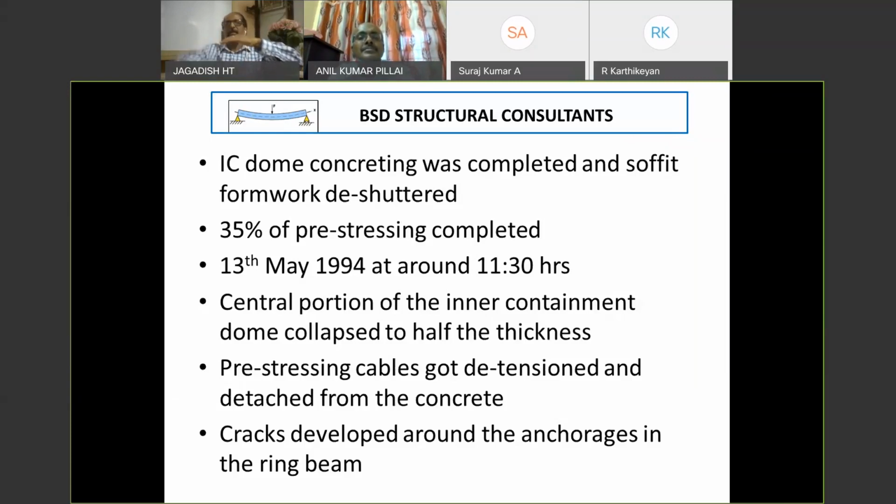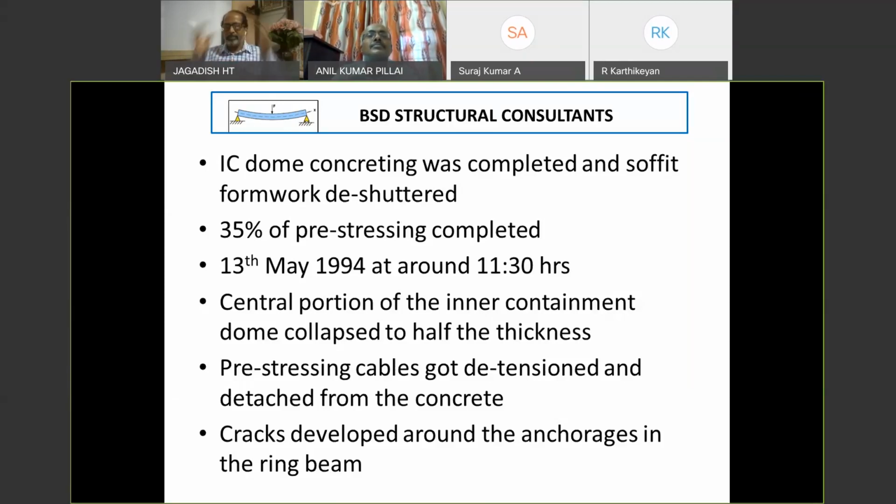So it got delaminated, and only the central portion, the crown portion of the dome, got delaminated. The pre-stressing cables are there in orthogonal directions. The lower cables, which are below the central line of the dome, got detensioned and became straight and taut, because the cable has become straight as it lost some pre-stress. Cracks developed around the anchorages in the ring beam.